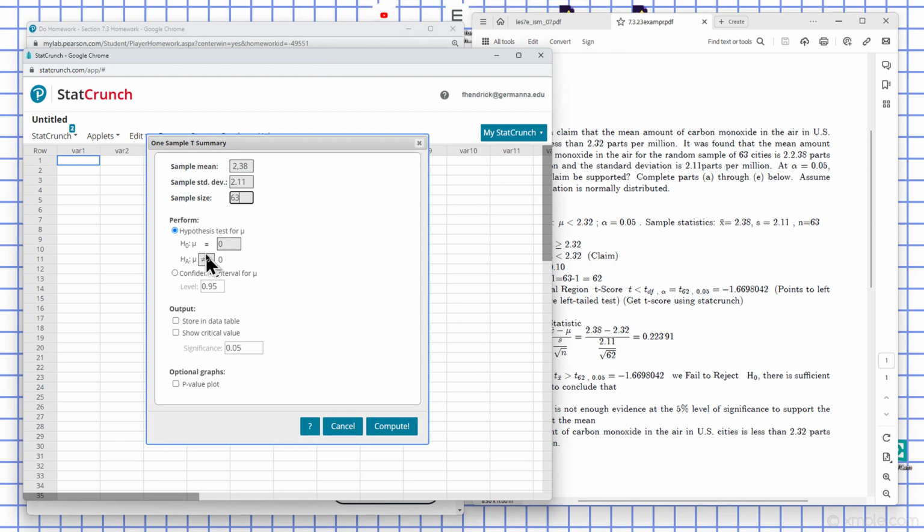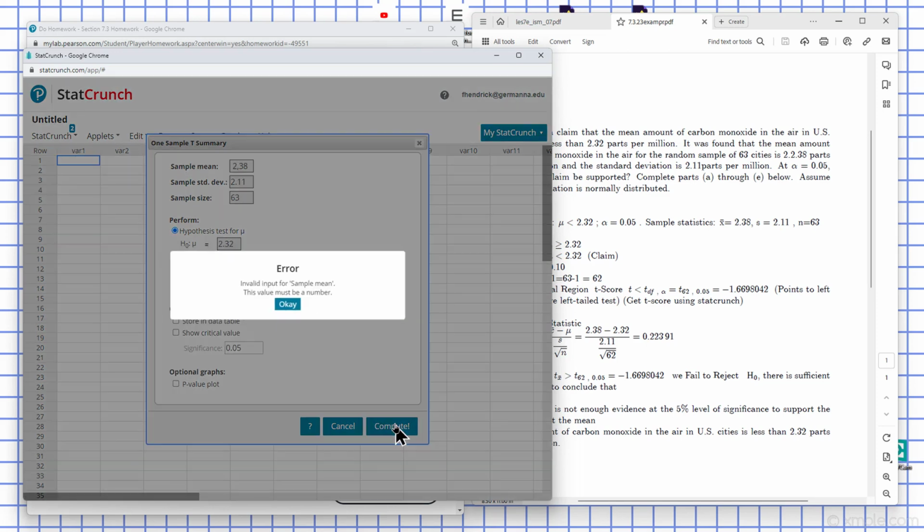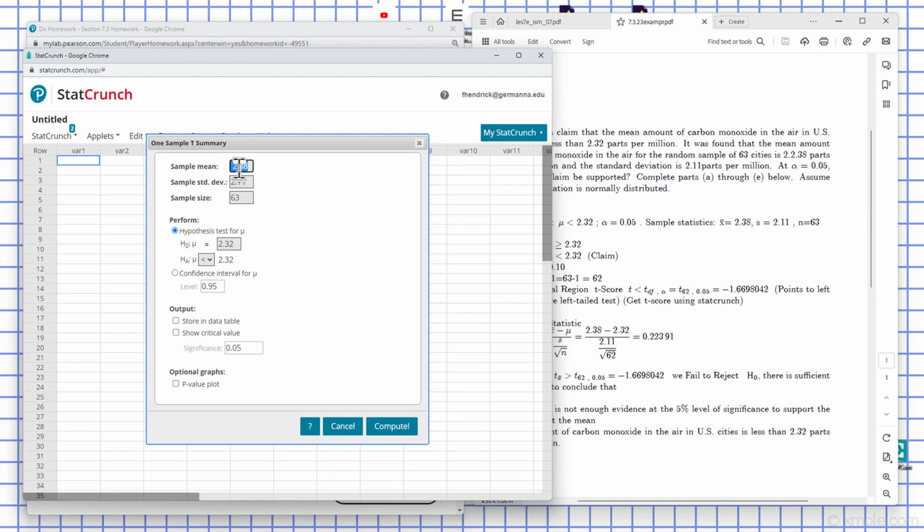Set up the hypothesis test to perform. Okay, that looks right. Hit compute. Oh, there's a comma there instead of a period. Sorry about that.